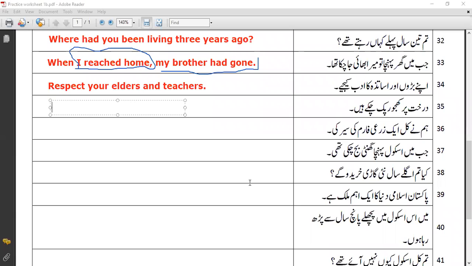Look at this sentence. दरख्त पर खजूर पक चुके हैं. Now see, there's a famous word in English for this पक चुके हैं. They use ripe. Okay. As you see this word over here, ripe.